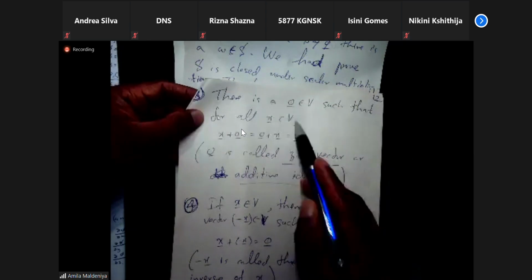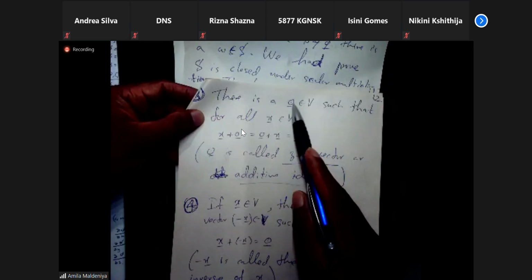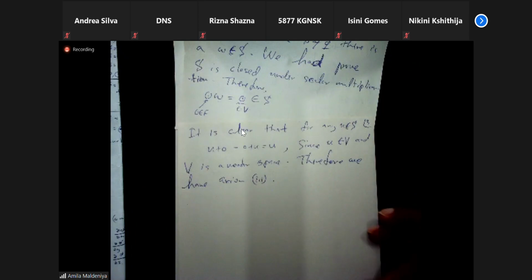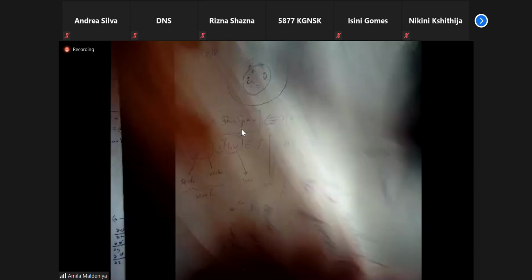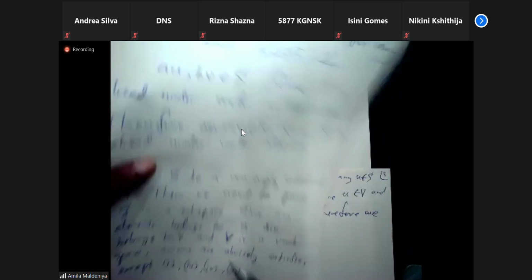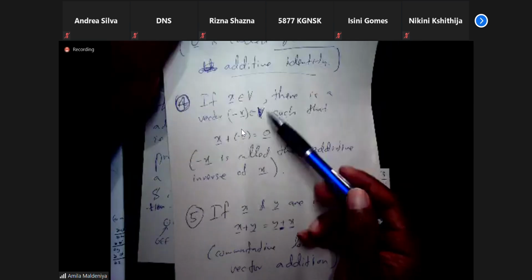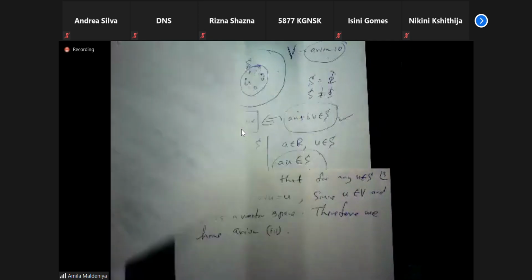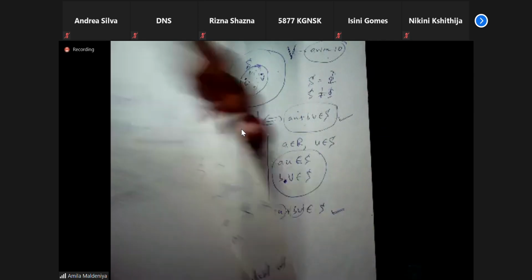So there exists an additive identity in S. That one is true. Then it remains 4. Four means additive inverse. Okay, the additive inverse of S, right? Let's do that one.